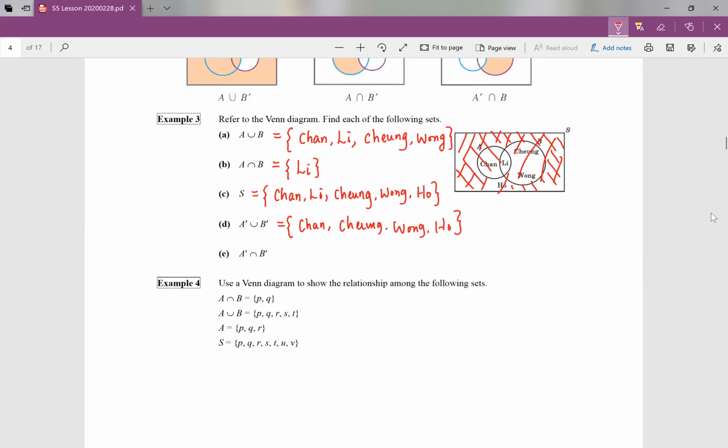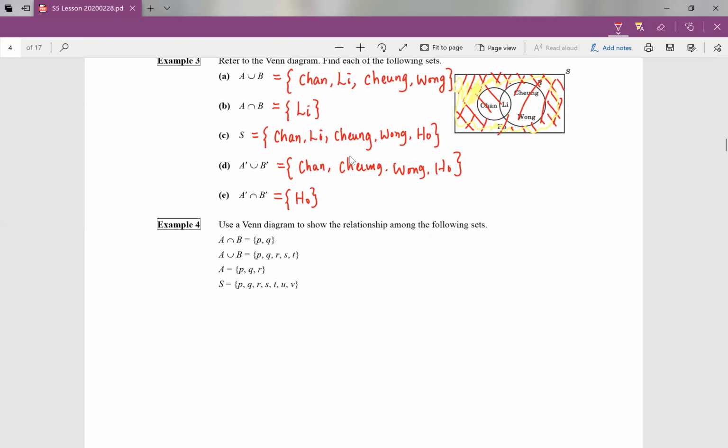So in the end, it's this part. Only the outside, right? Yes. Okay.